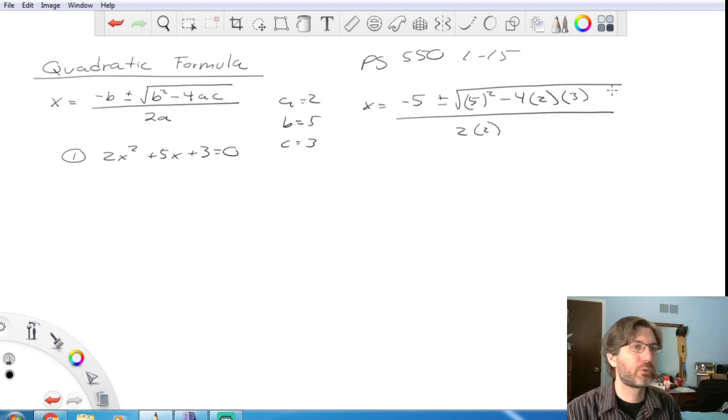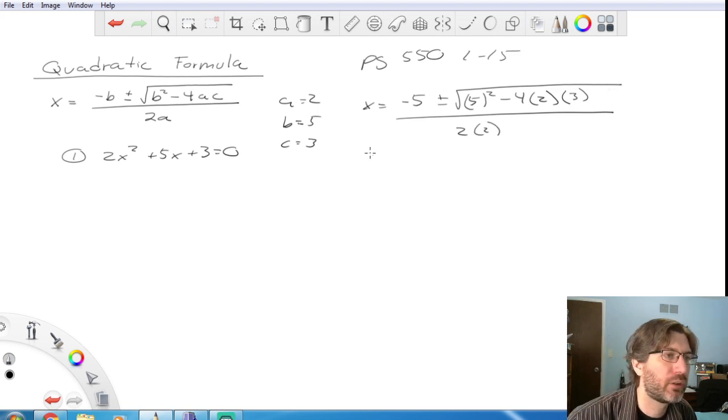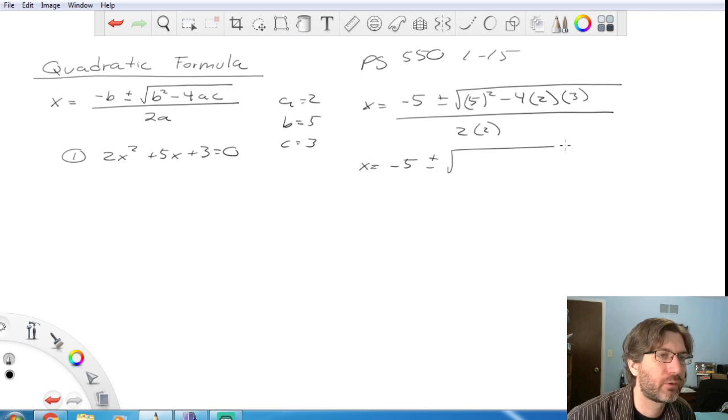So again, clean up as best you can. We can get x equals negative 5 plus or minus the square root of 5 squared is 25. Negative 4 times 2 is negative 8. Negative 8 times 3 gives you negative 24, all divided by 2 times 2 is 4.